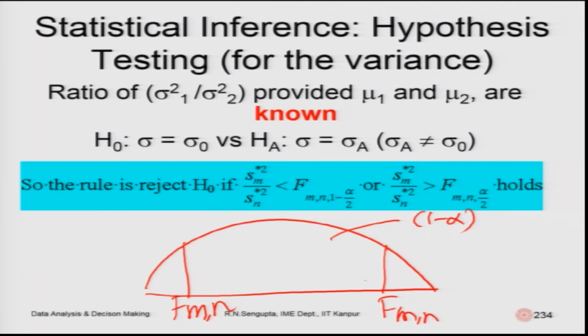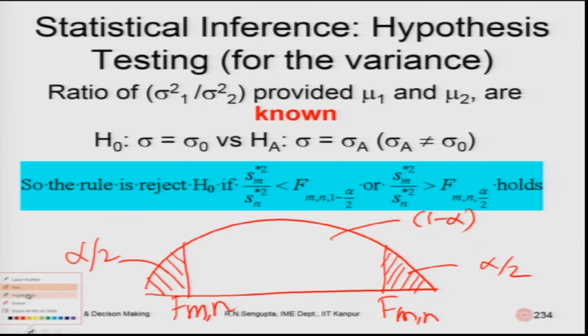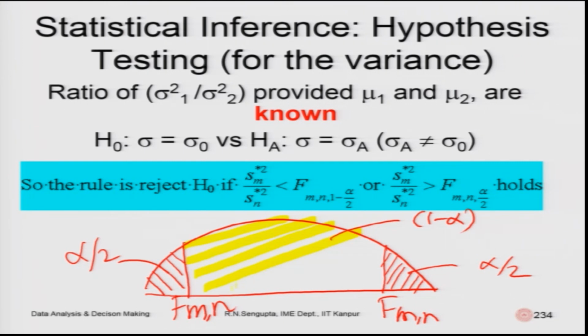If the area onto the left and the right are equally divided, then the area onto the right is alpha by 2, and the area onto the left is alpha by 2. So, the area inside is 1 minus alpha, as I mentioned.